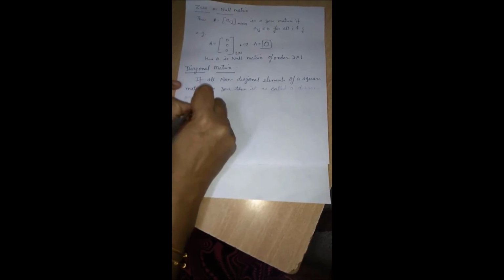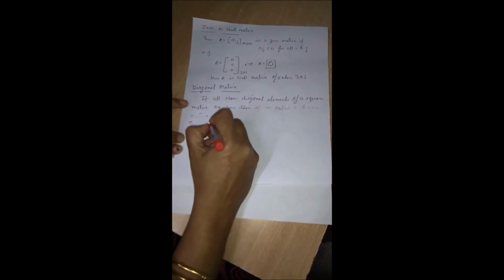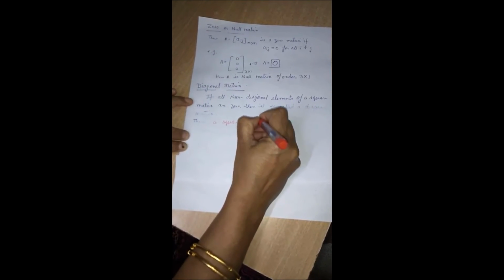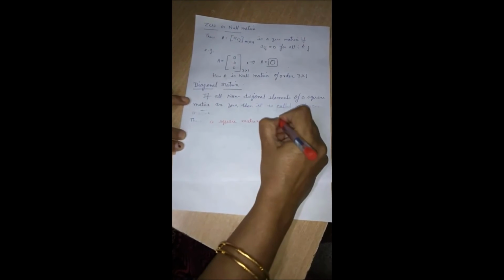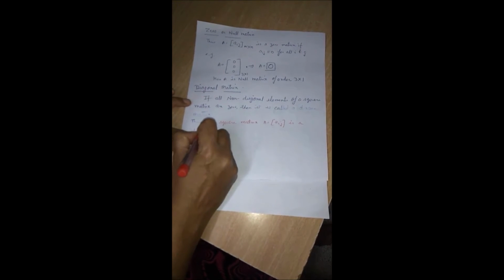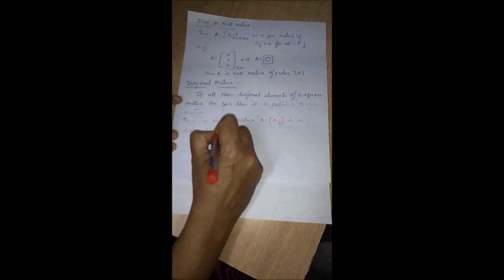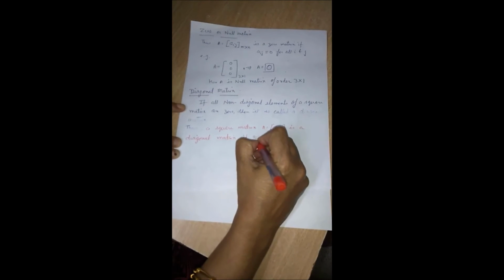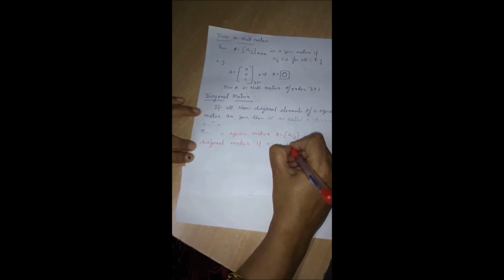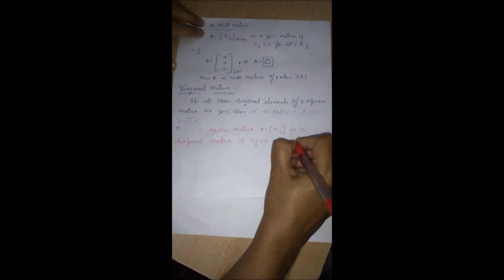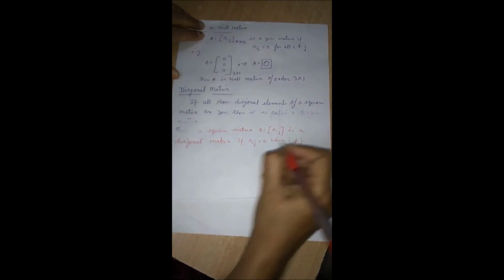Thus, a square matrix A equals Aij is a diagonal matrix if Aij equals 0 when i is not equal to j.